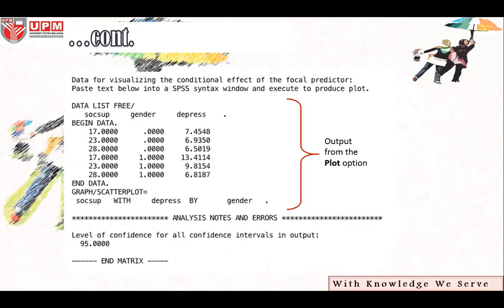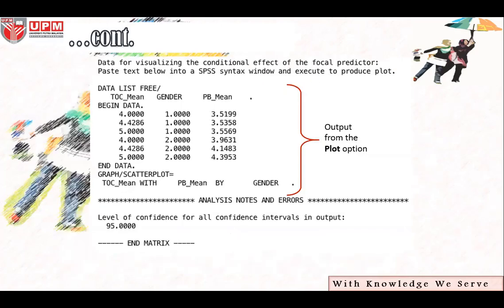And then this one is the output that we need for the plot option: data for visualizing the conditional effect for the focal predictor.